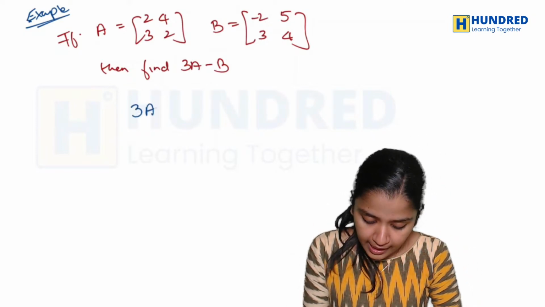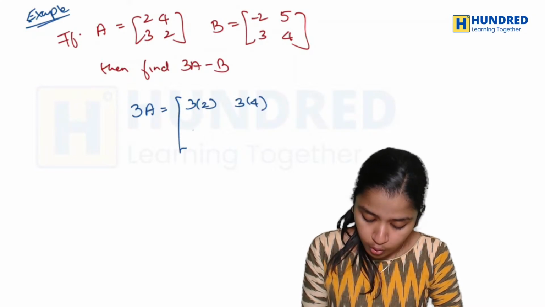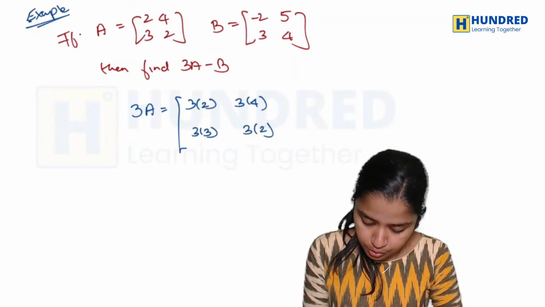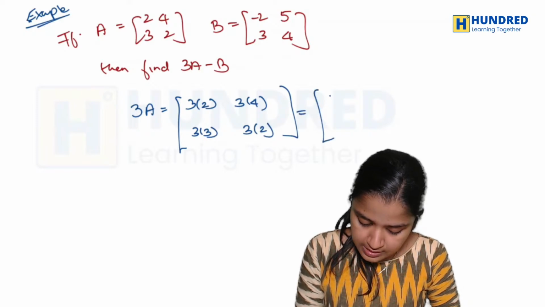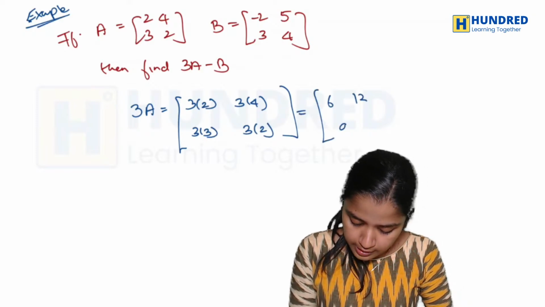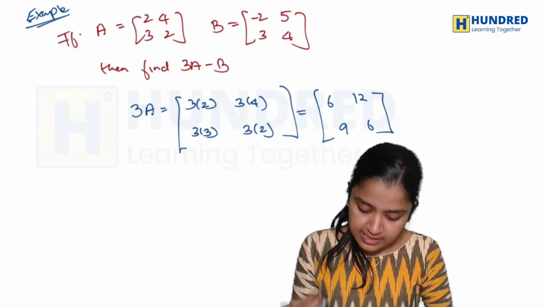So for 3A, I multiply 3 into 2, 3 into 4, 3 into 3 and 3 into 2. So this will become 6, 12, 9, 6.